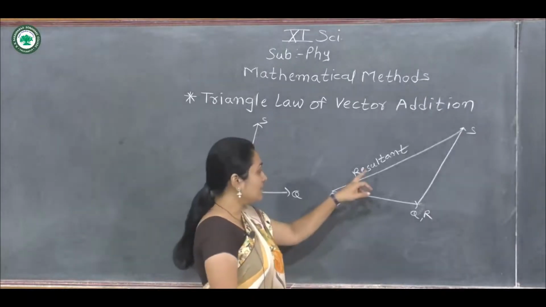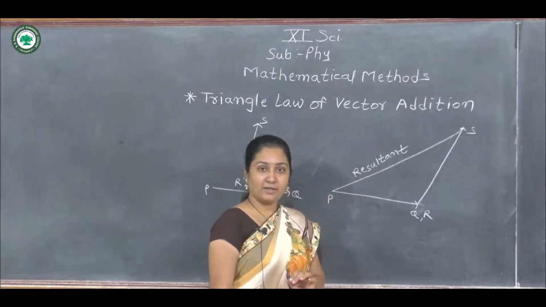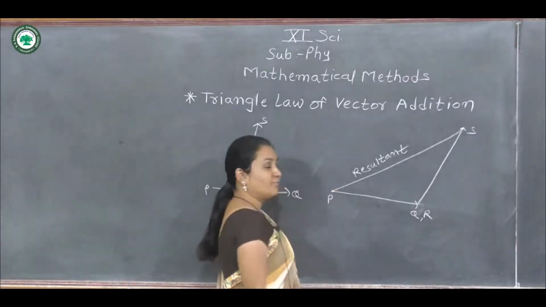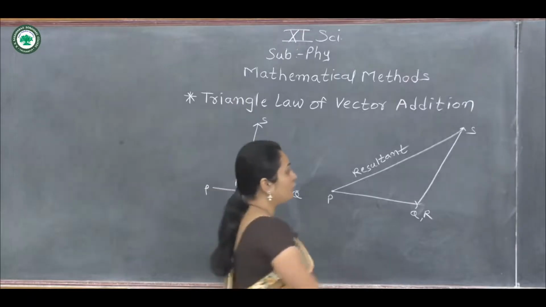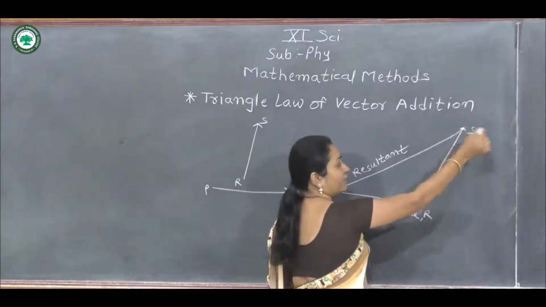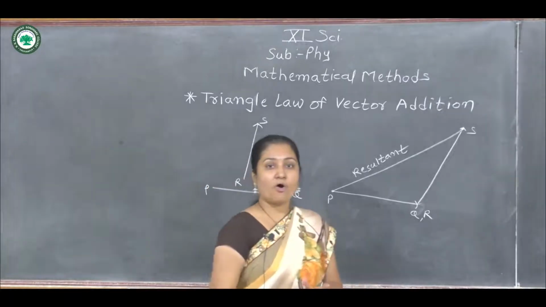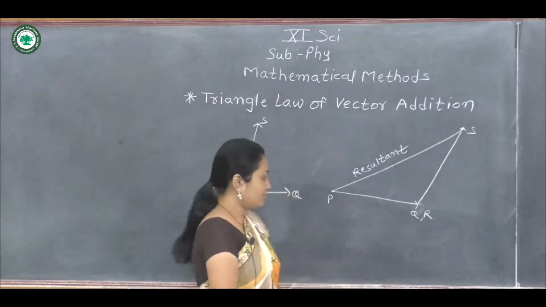That means this third side of a triangle drawn like that, the starting point of the first vector to the ending point of the second vector. So this is the triangle law of vector addition.